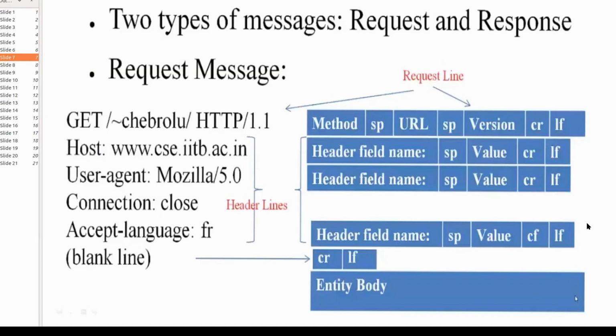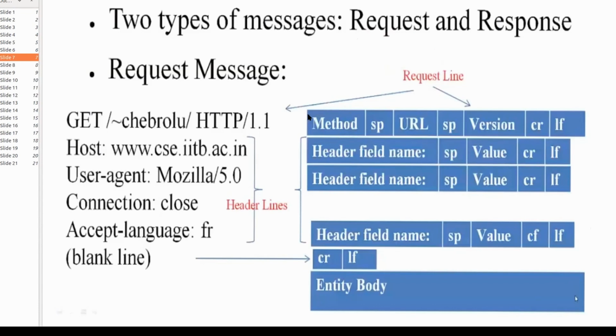If you remember the encapsulation and decapsulation that we discussed, every time your packet goes down the layer, certain headers, certain extra information, is added to make this communication possible. Similarly, the HTTP protocol also adds some headers on top of the data. Let's try to understand what headers are added on top of a request message.